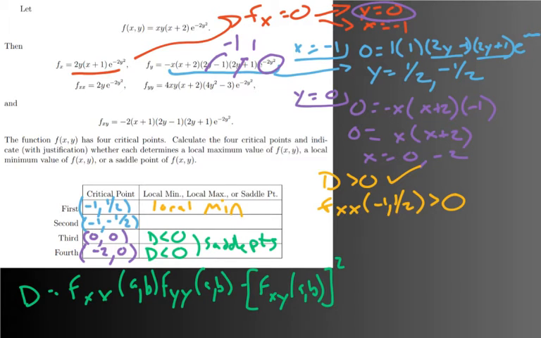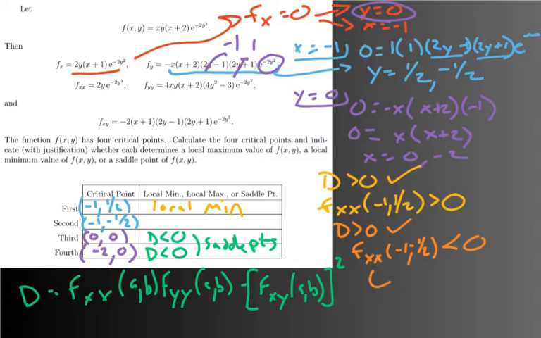And then if you do the same thing for the last point, D is greater than 0 for that last point. And if you check f with respect to x twice at that point, -1, -1/2, you're going to see that this time it is less than 0, right?